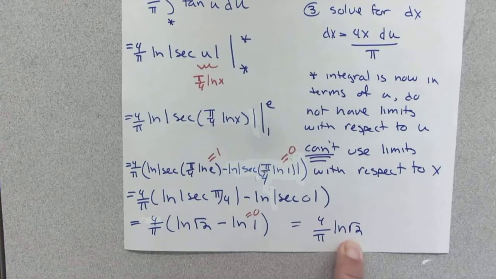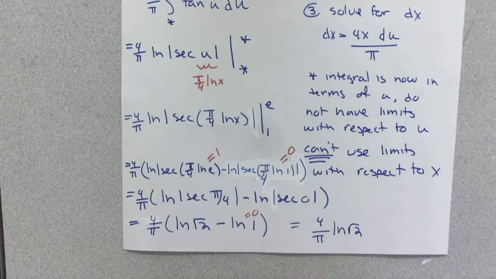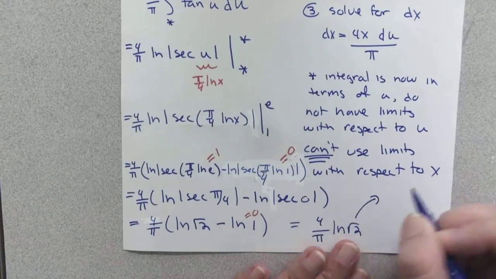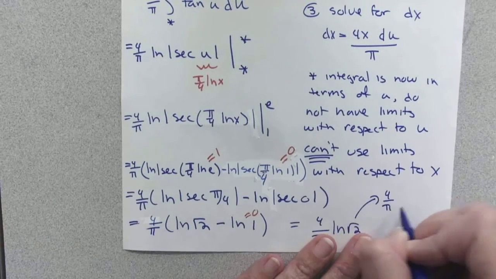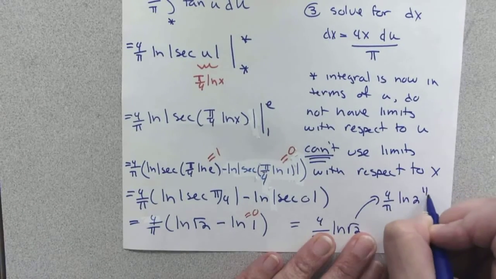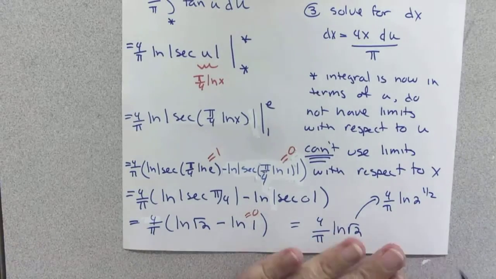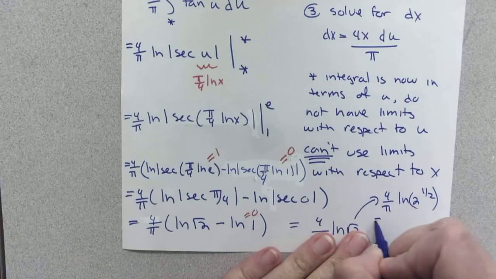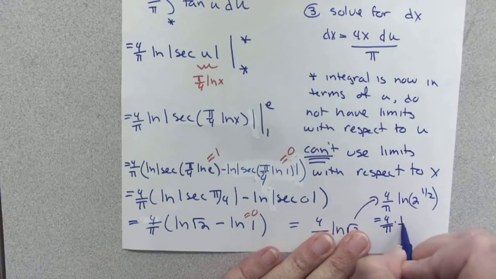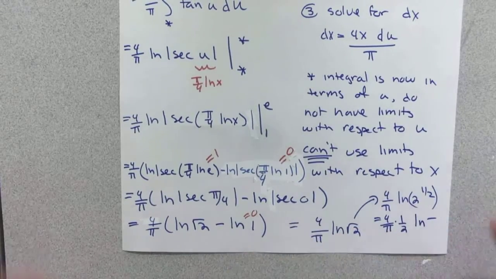There are log games you can play with that natural log there. I do not care if you play the natural log games. You could do this, and I don't care at all if you could do this. But you can say the square root of 2 is 2 to the 1/2. Then, log games, that 1/2 can come down in front.